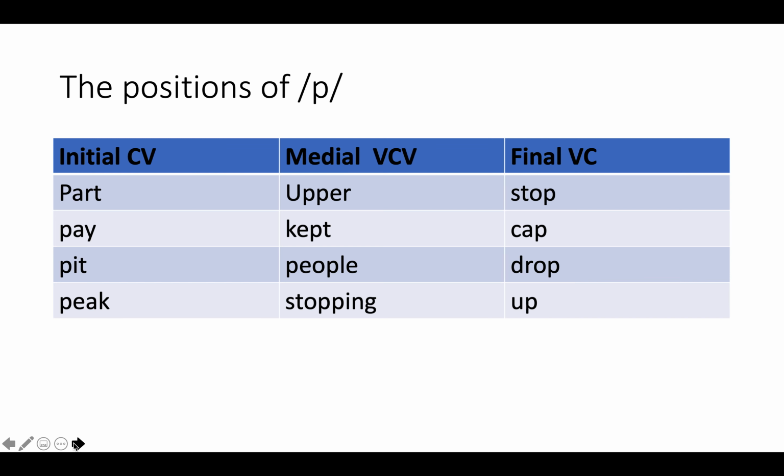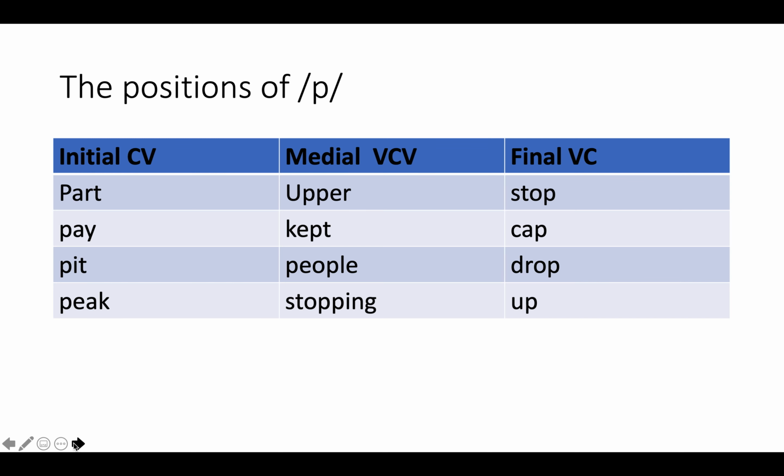CV means consonant vowel. C stands for consonant and V stands for vowel. We have also pay, consonant followed by a vowel, which means CV. We have pit, also consonant followed by vowel. We have peak, also the phoneme p is followed by the vowel.